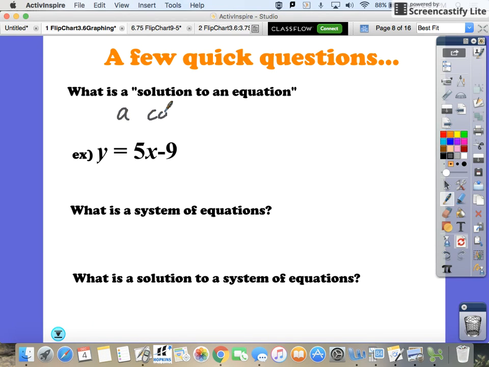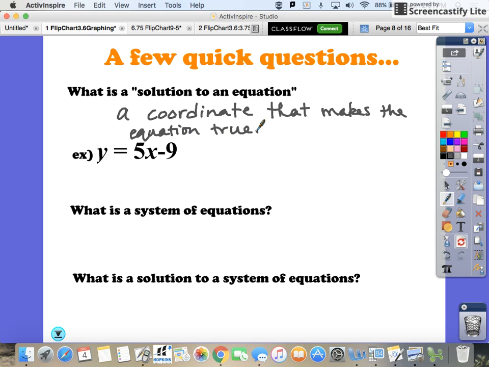It's a coordinate that makes the equation true. For example, the coordinate (1, -4) would be a solution to this equation because if I put in y equals -4, I need to ask, is that equal to 5 times x, where x is 1, minus 9?